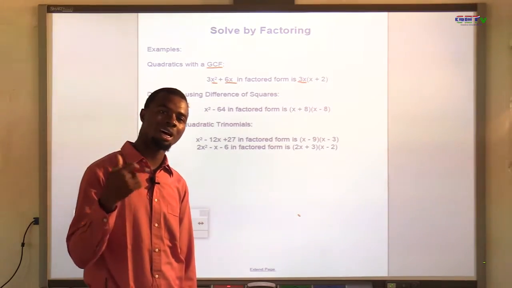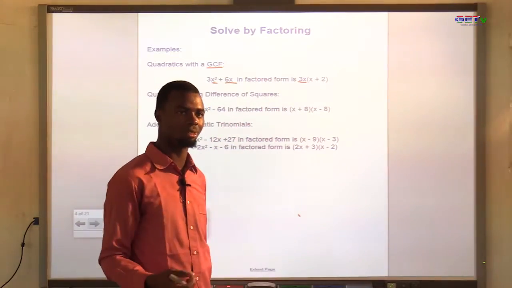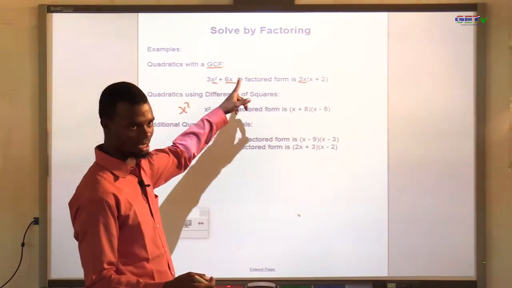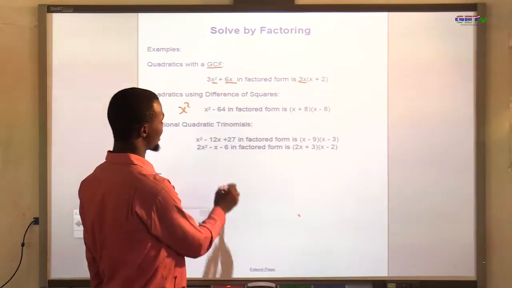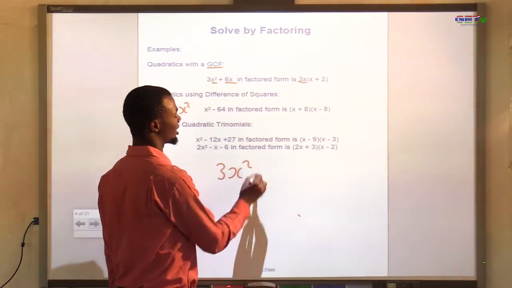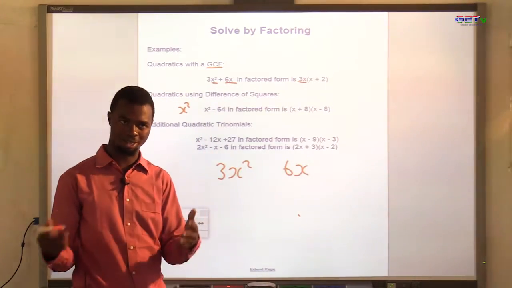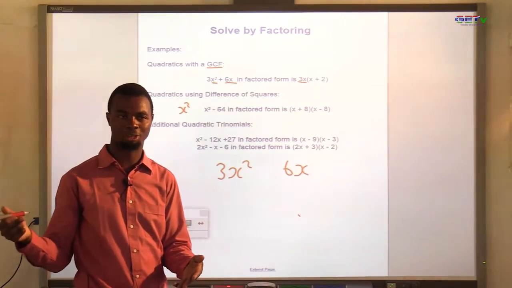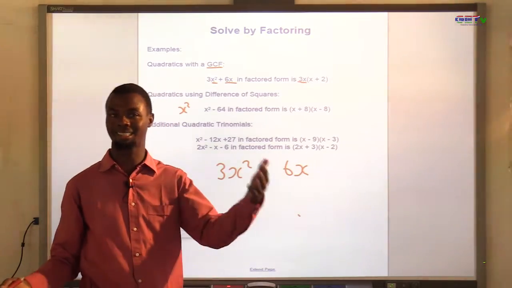Now, how do we know this is right? How do we do it to get to this level? What do we say first? GCF. We look at the two terms that are there: 3x squared and another term, 6x. We look at the common factors between 3x squared and 6x.